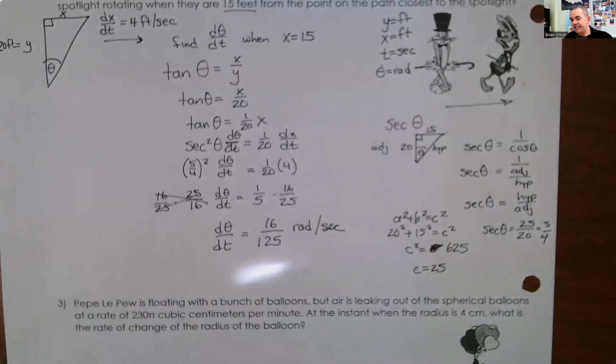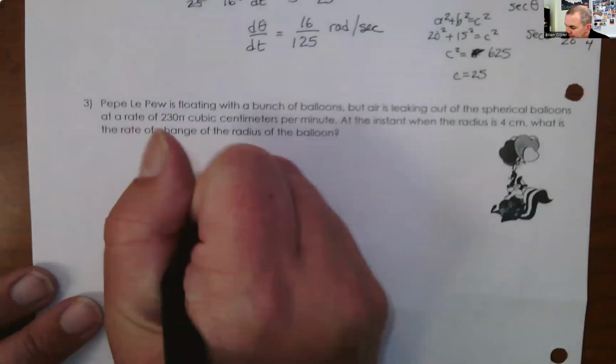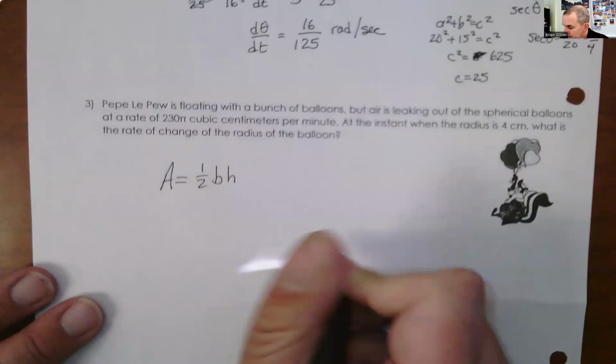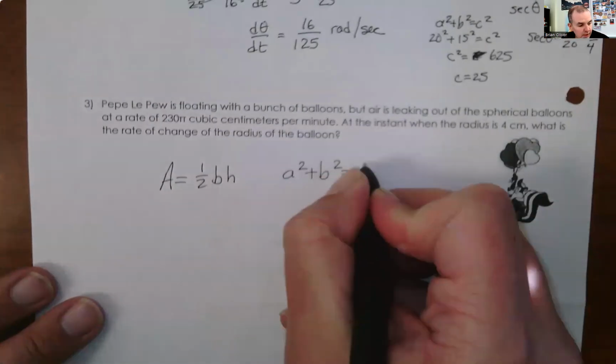So that is the two problems we did in class. Realistically, when we work these problems, what you really need to know are the following formulas. We're going to do this one in class next time. You need to know the area of a triangle is 1/2 base times height. You need to know the Pythagorean theorem, a squared plus b squared equals c squared.